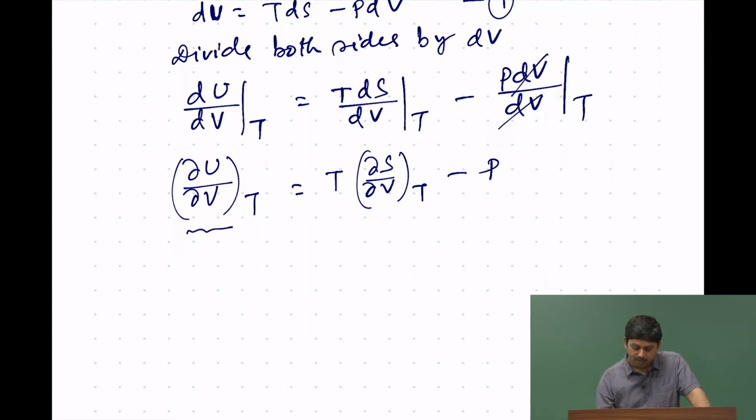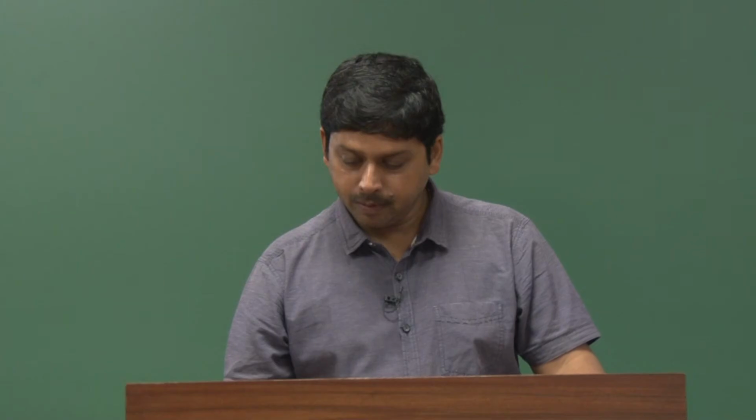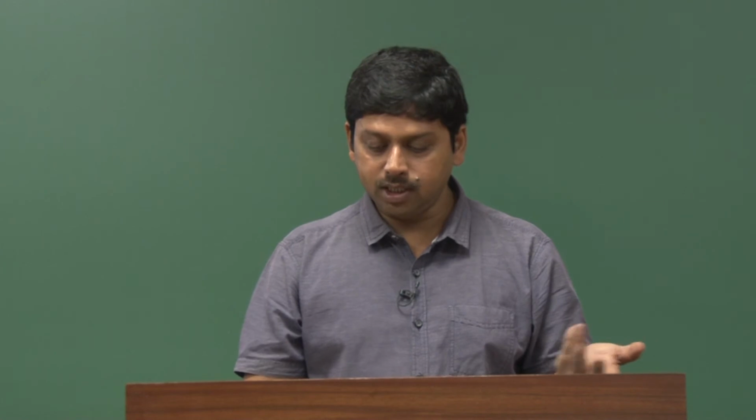Now, we wanted to calculate this quantity del U by del V in the Joule's expansion case. How do I get that? Because we encountered this quantity del S by del V at constant T, and that is difficult to measure. We do not know how to do that.